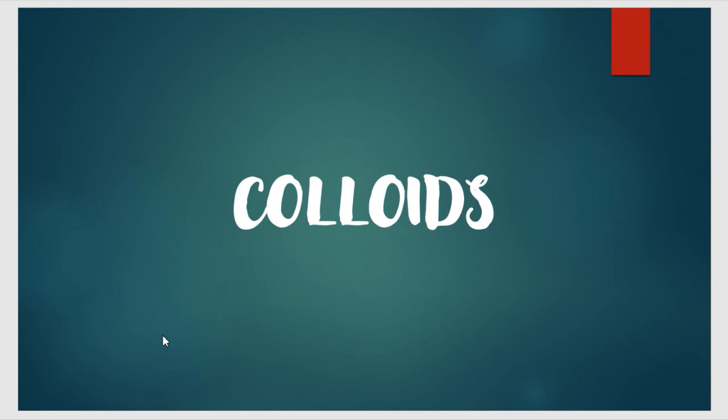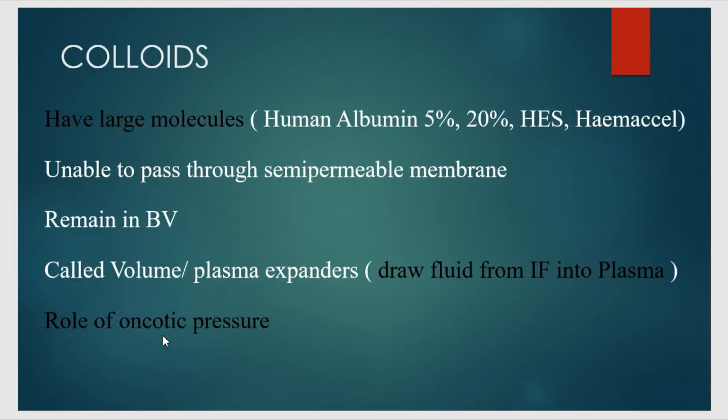After discussing the crystalloid part, a few important points regarding colloids. The colloids, as you know, are large molecules, and examples are blood components, human albumin 5%, 20%, HES, which stands for hydroxyethyl starch, then hemaxyl. All these are examples of colloids. The important property of colloids is they are unable to pass through a semi-permeable membrane, and that is the reason they remain inside the blood vessels.